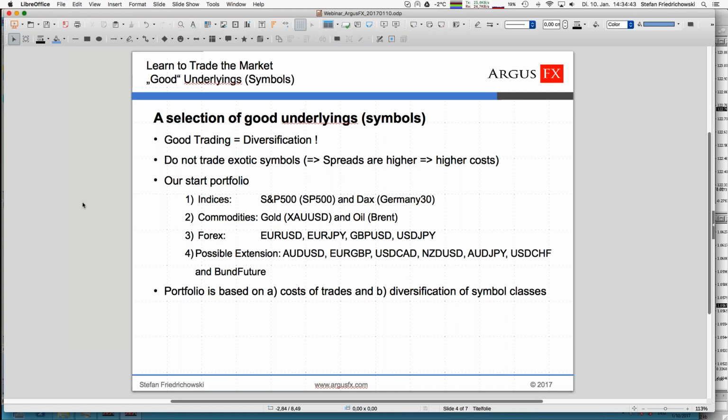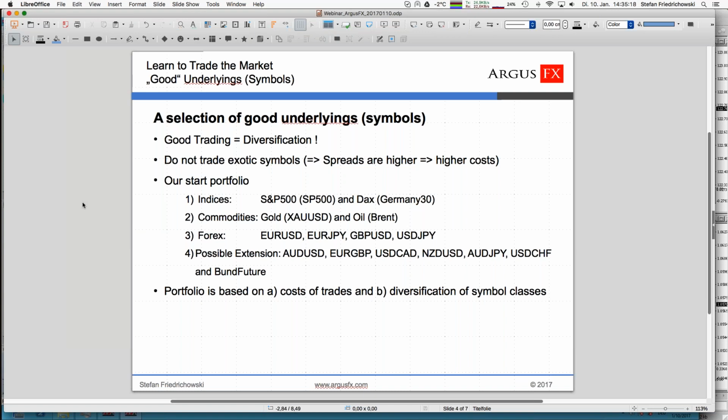And that kind of selection is based now on costs of trading, or that's one input, and the other one is I want to use different symbol classes. What does that mean? For example, we have indices. Okay, they represent stock values. Or we have commodities like oil or gold or silver or even gas or juice or whatever.